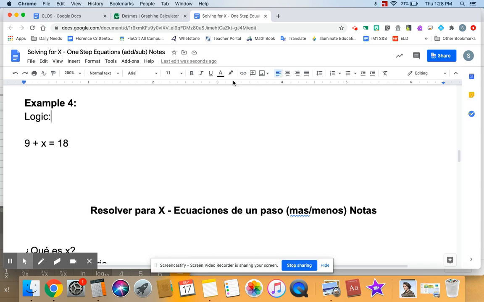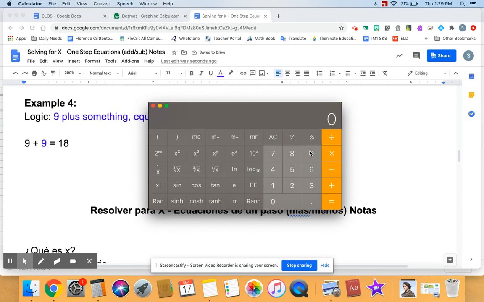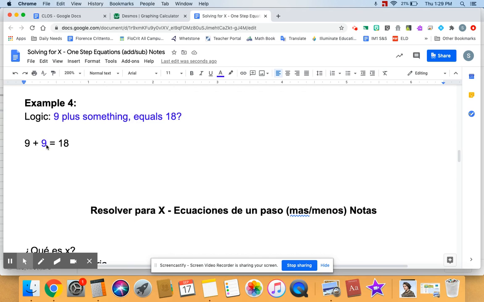All right, last one. This logic is saying 9 plus something equals 18. 9 plus what equals 18? 9 plus 9 equals 18, see? But let's pretend we didn't know that. I have to isolate it and get this x all alone.